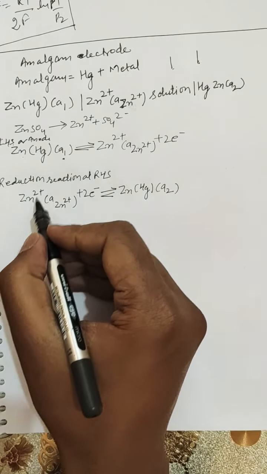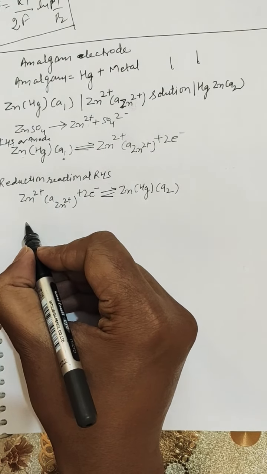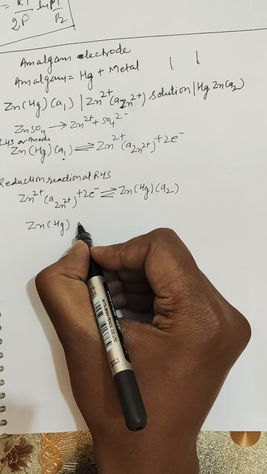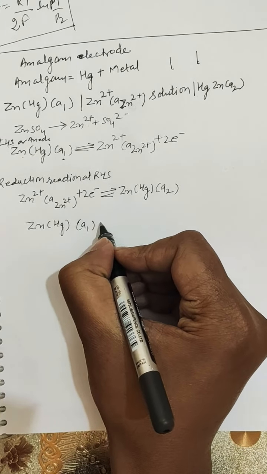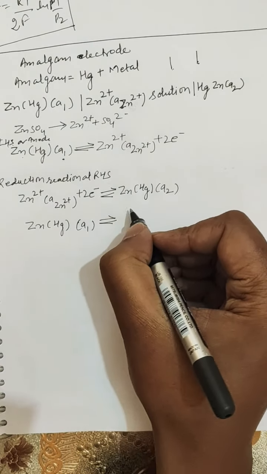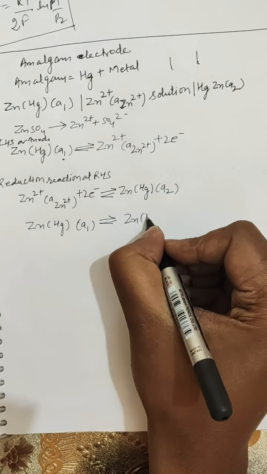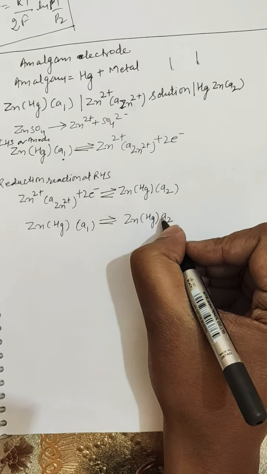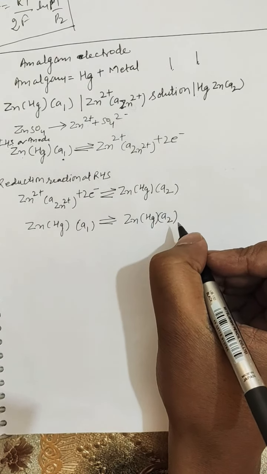So the overall reaction for the above two combined reactions is zinc amalgam, that is zinc plus mercury. Its activity is A1, that is concentration, and it is undergoing a change in the concentration at the second electrode, that is zinc Hg A2.